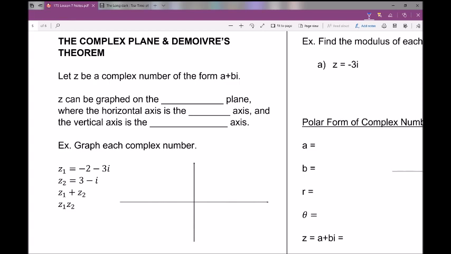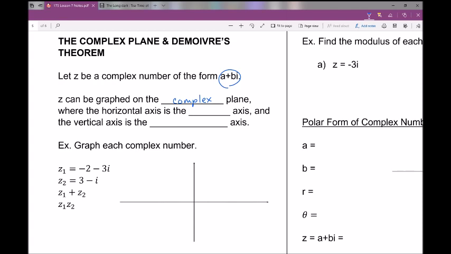So any of these numbers of the form a plus bi can be graphed on the complex plane. By the complex plane, we basically just mean the xy plane, but we're going to have a real axis and an imaginary axis instead of an x and y axis.